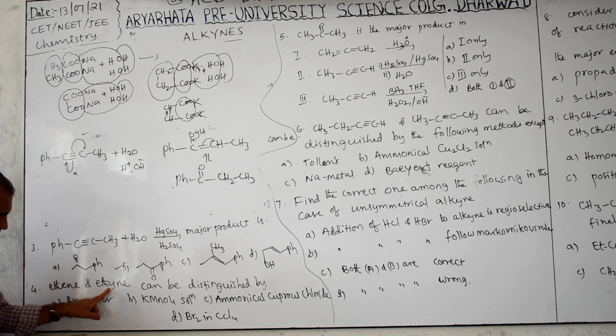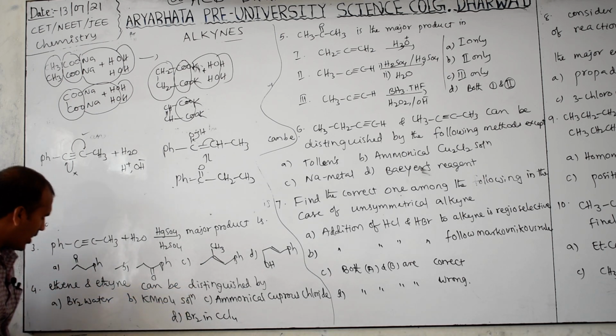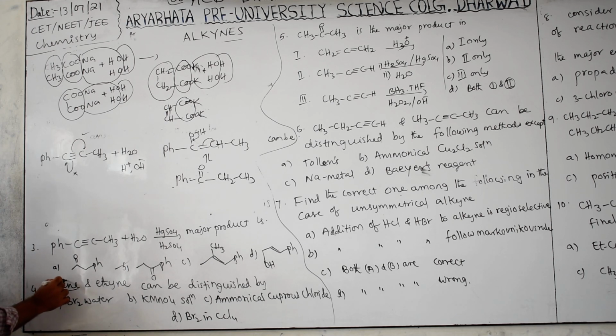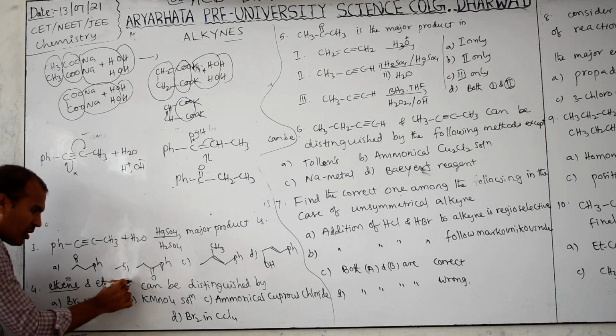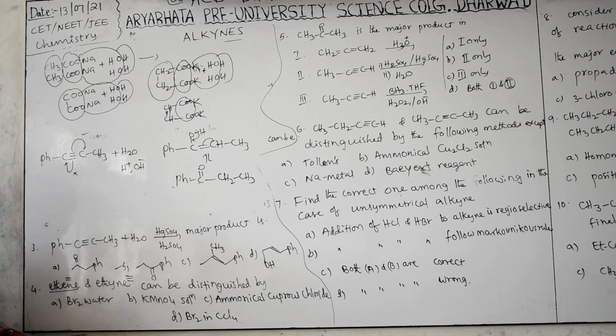Ethene and ethane can be distinguished by, ethene means double bond, ethane means what? Triple bond. Can they be distinguished by bromine water? No. Bromine in CCl4 we can distinguish, not bromine water. Bromine in CCl4, okay. KMnO4.